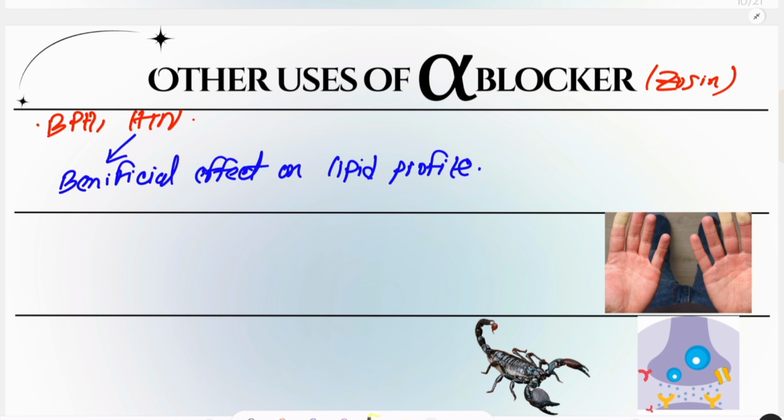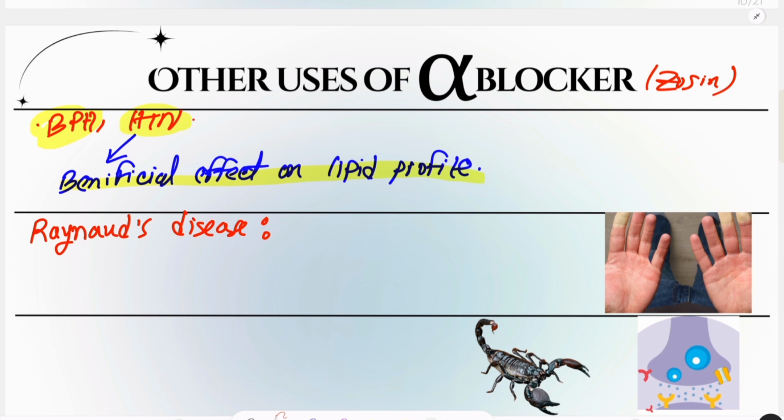So the osin group of drugs can be used in BPH as well as hypertension with beneficial effect on lipid profile. The second use is Raynaud's disease. What is Raynaud's disease? In winter, normal people have vasoconstriction and this vasoconstriction reduces heat loss.